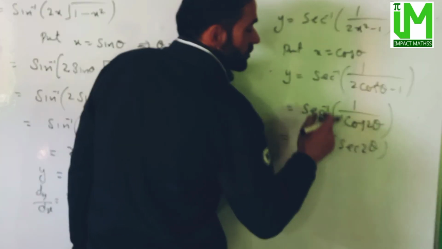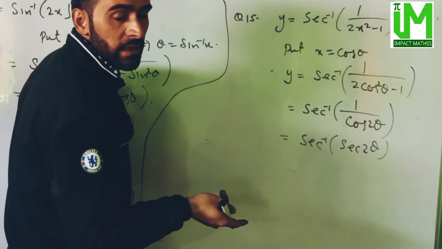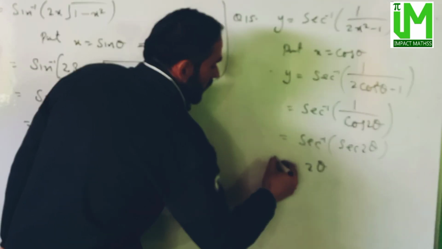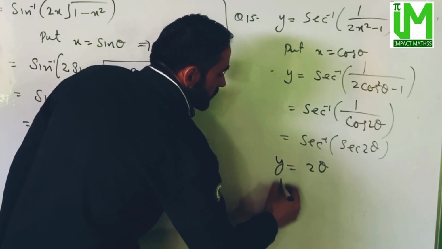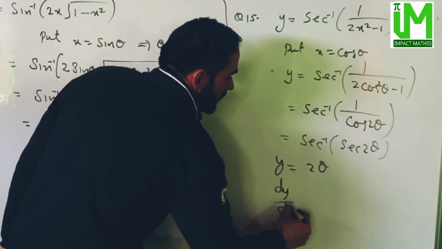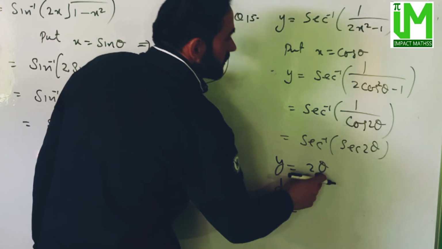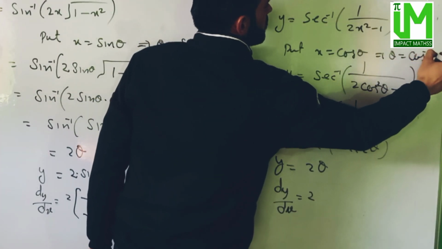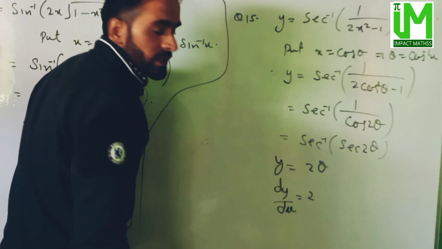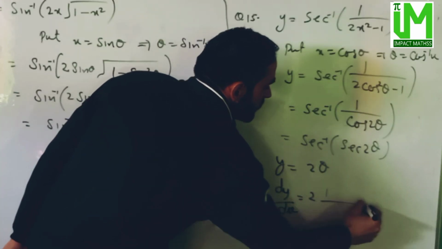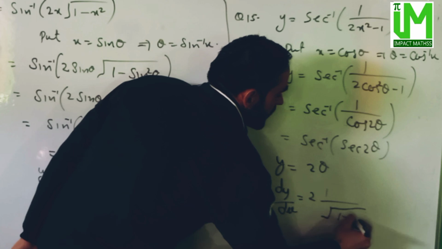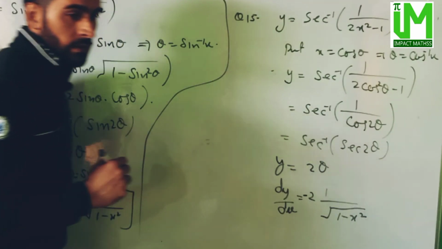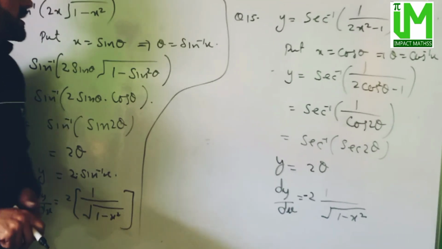Sec inverse of sec theta is equal to theta, so here it will be only 2 theta. So y is equal to 2 theta. Theta is equal to cos inverse x. What will be the derivative of cos inverse x? That will be 1 divided by under root of 1 minus x square, but with a negative sign. So this finishes the exercise.